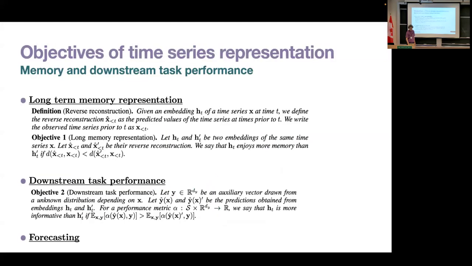So to make it slightly more concrete, we're going to develop a neural ODE architecture which has three objectives. It should have a long-term memory representation, which also resonates with the talk we had before.